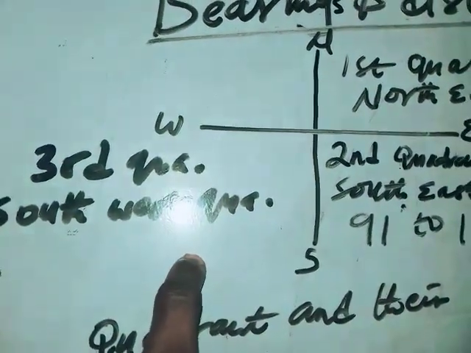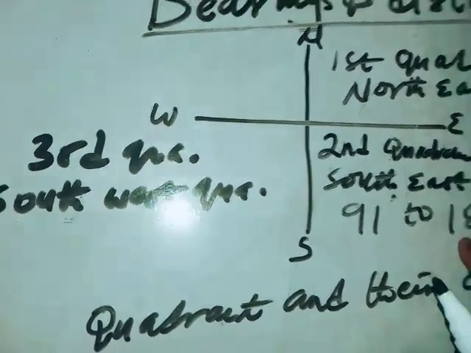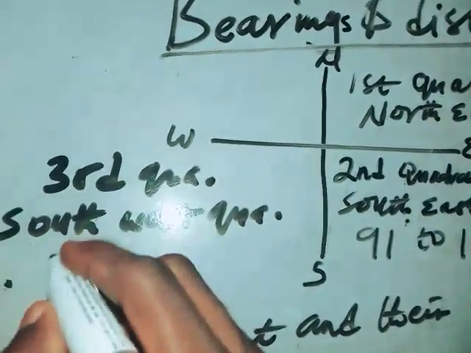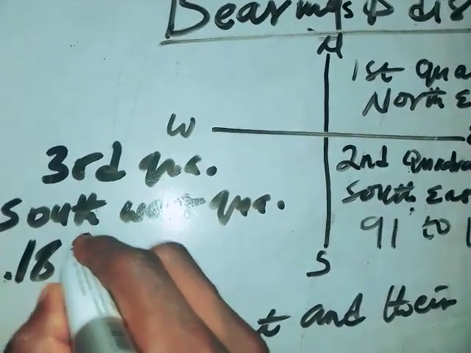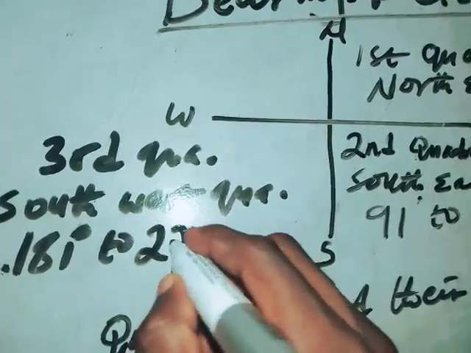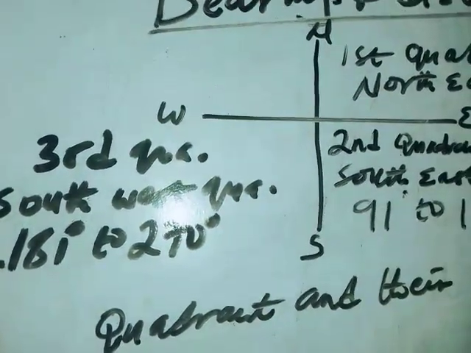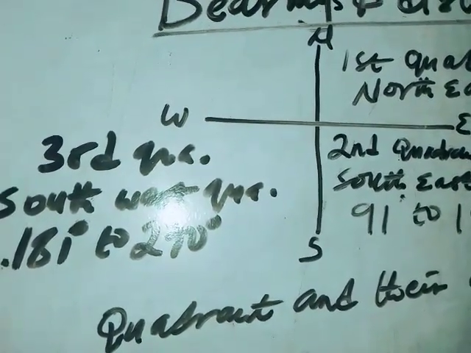Now, what I want you to know is that this third quadrant is above 180. So it is from 181 degrees to 270 degrees. So anything above 180 does not fall under the second quadrant anymore.